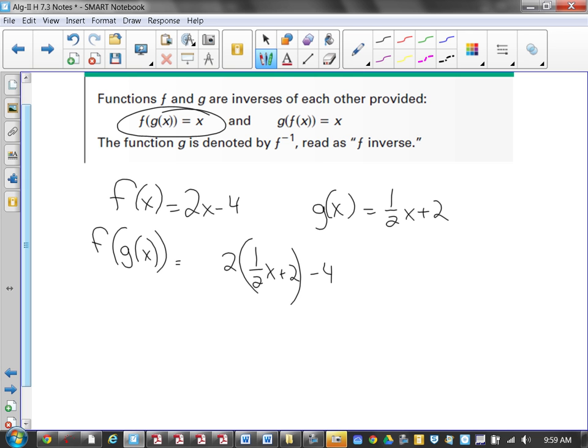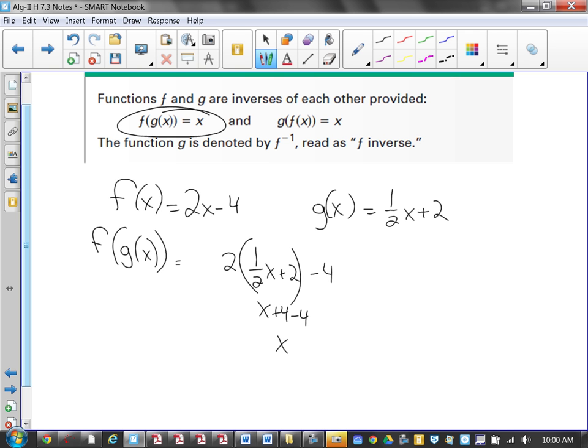Everybody okay with that? So what's 2 times 1/2? 1. What's 2 times 2? 4. So I wind up with x plus 4 minus 4, which is x. First way of going that direction, I get an x value. I'm going to check the other direction.